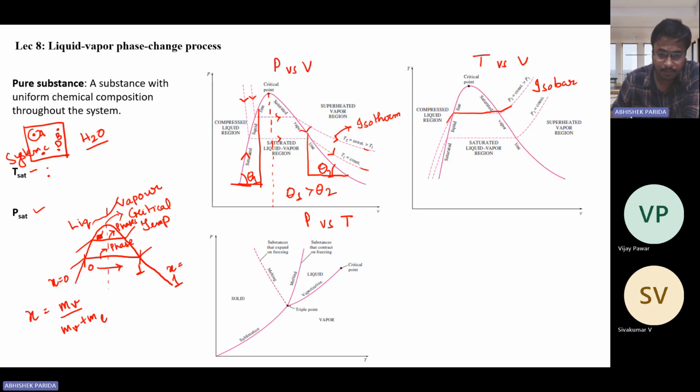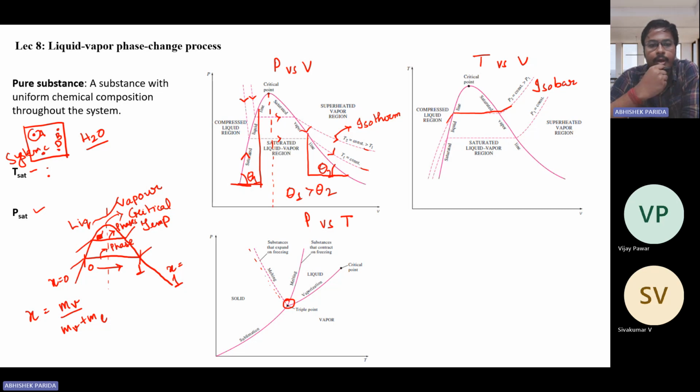This is the triple point, where all the phases coexist at the same location. At this location you will find solid, liquid, and vapor, and this curve is for a substance which expands on freezing, somewhat like water.